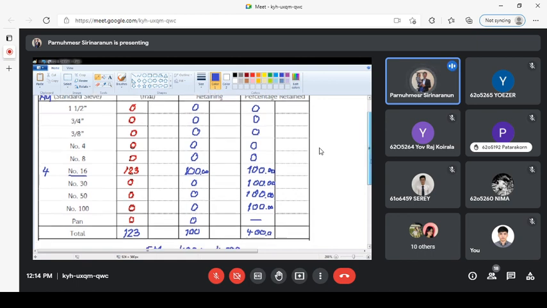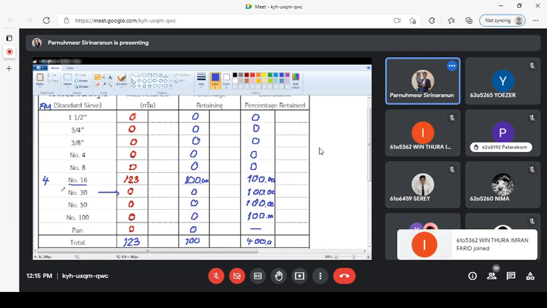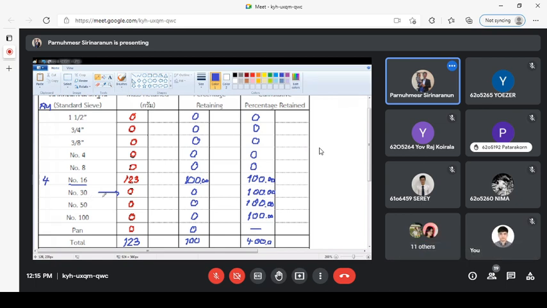For another example, if your aggregate is retained on sieve number 30 equal to 100, so the fineness modulus should be what?